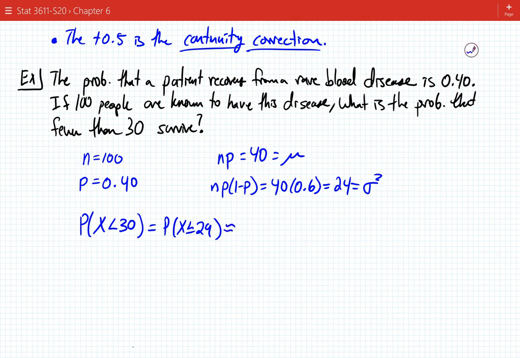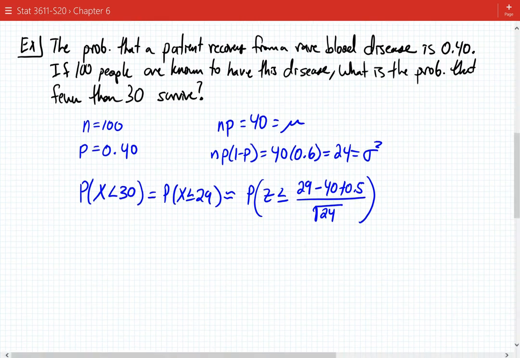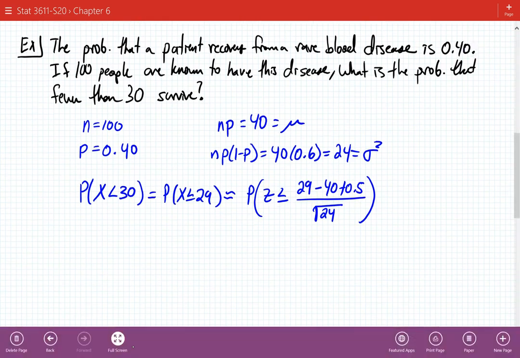So this is approximately a normal distribution less than or equal to 29 minus the mean, which is 40, plus a continuity correction of 0.5, all over the standard deviation, which would be the square root of 24. Remember, sigma squared is 24, so the standard deviation would be root 24.